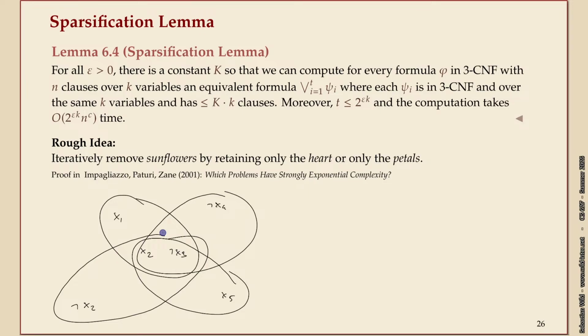And then it says you can satisfy all of those clauses by either satisfying their center or by satisfying all the petals. So you can either satisfy this or all of those four together. And that's where this disjunction of 3-SAT formulas comes from.